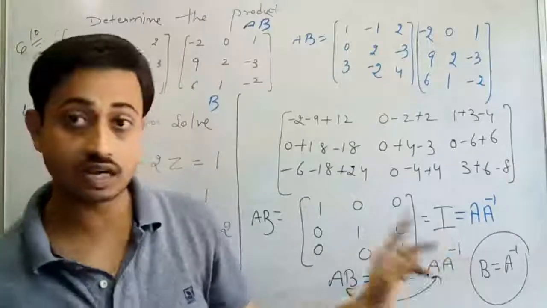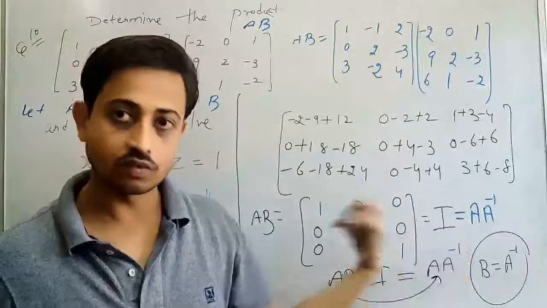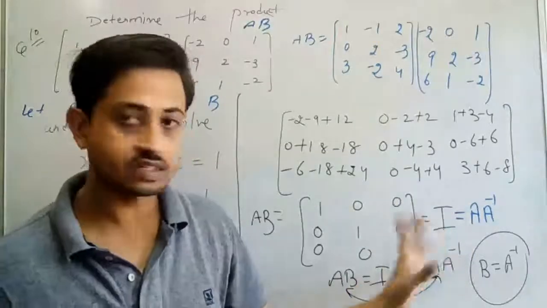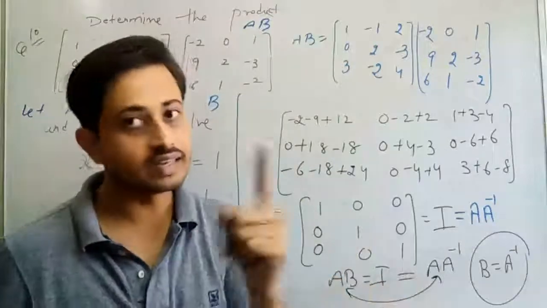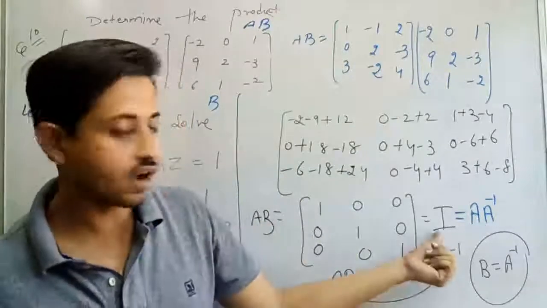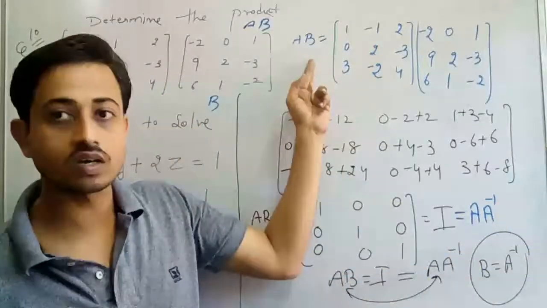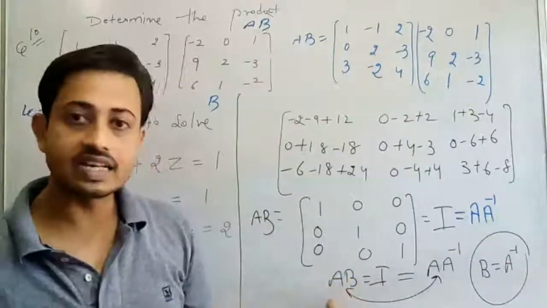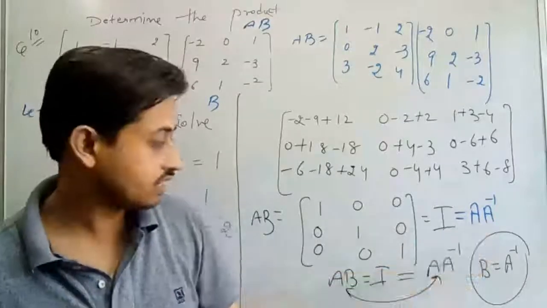So please make a note. Again, I am revising this concept. You get the identity matrix as the product of two matrices. If we multiply a matrix with its inverse, we definitely get the identity matrix. So I is equal to A into A inverse, and the left hand side is A into B. So we get A B is equal to I, and I is A into A inverse.